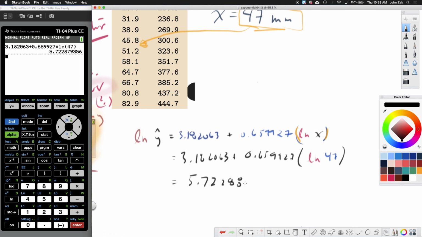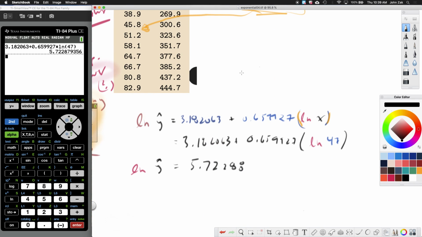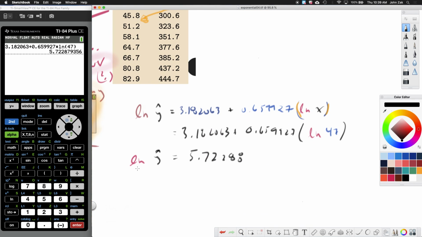This comes out to being apparently 5.7228 approximately. Now remember, that was the natural log of the predicted y-hat. So this is not my prediction for the length of the humerus bones here. My prediction, the natural log of my prediction, is equal to this value. So if I want to get the actual prediction for y-hat, remember I'm going to end up doing e raised to this power.